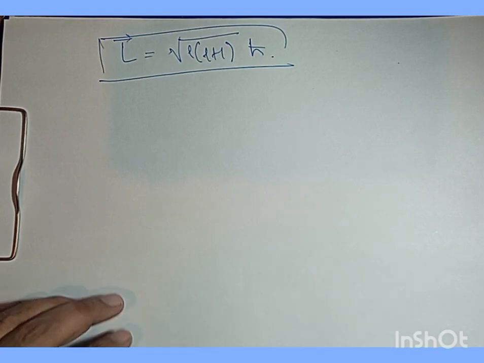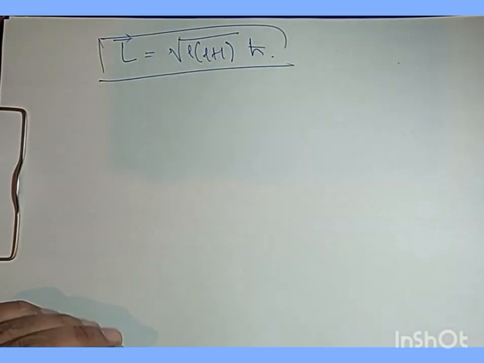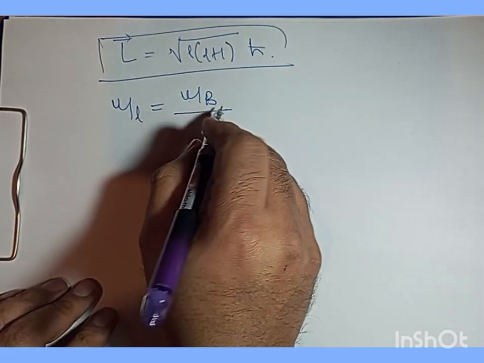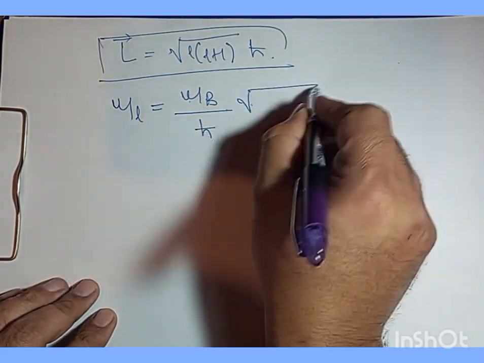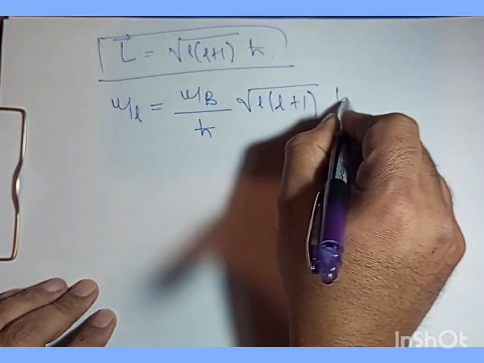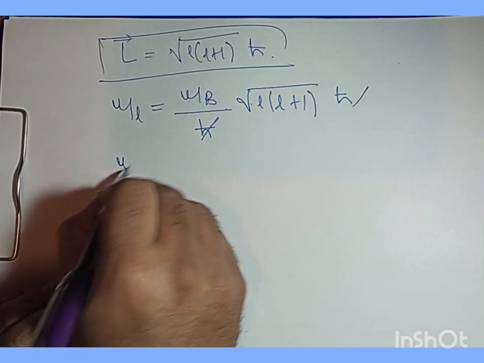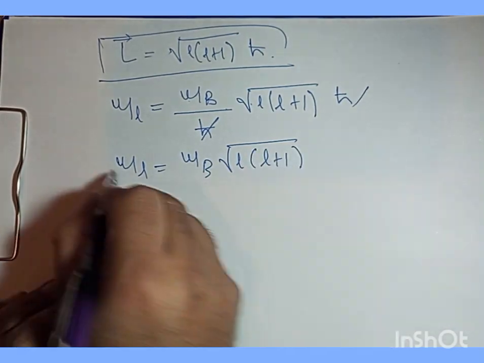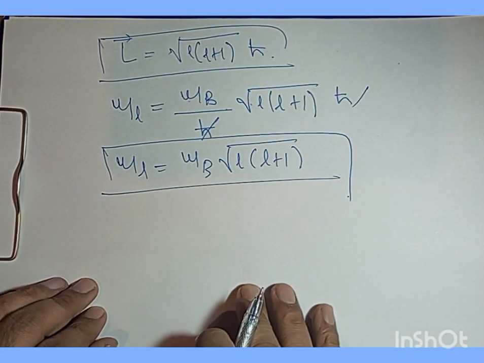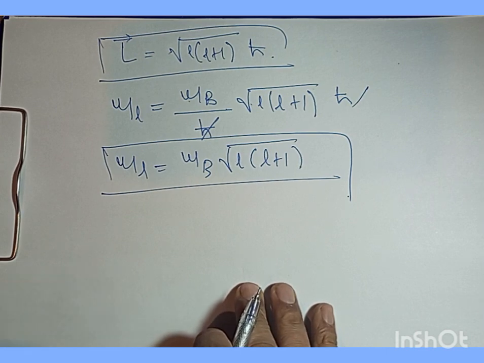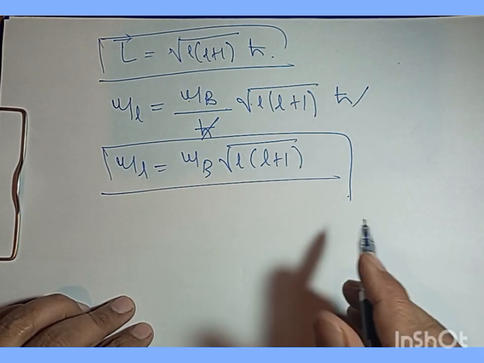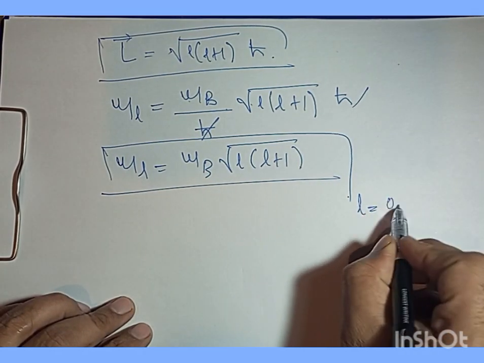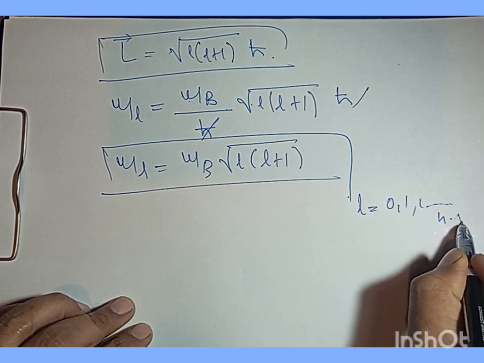So if I use that L, I'll get mu L equal to mu B by h cross times the square root of l times l plus 1, times h cross. The h cross and h cross will cancel, so mu L is going to be mu B times the square root of l times l plus 1. And this l is the orbital angular momentum quantum number, and its value goes from 0, 1, 2, and so on, up to n minus 1.